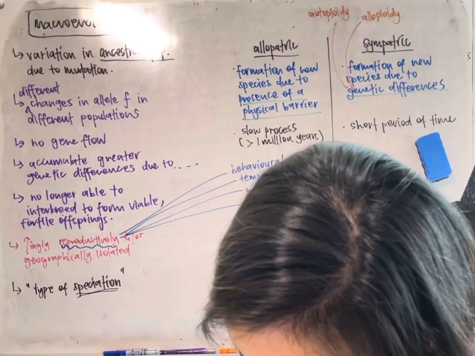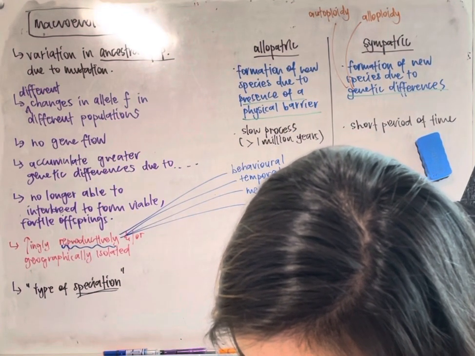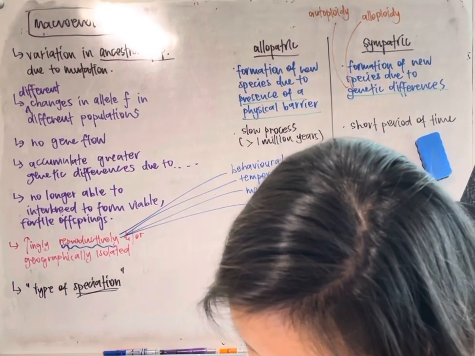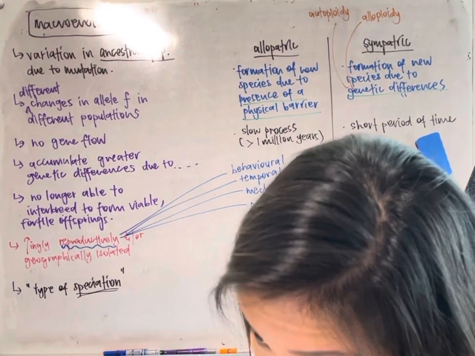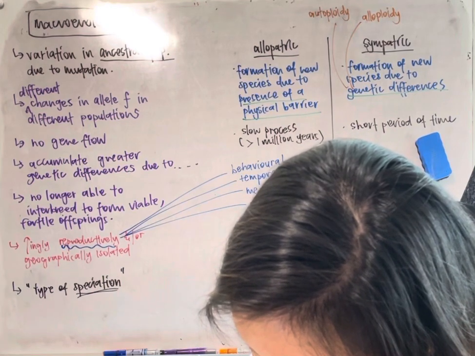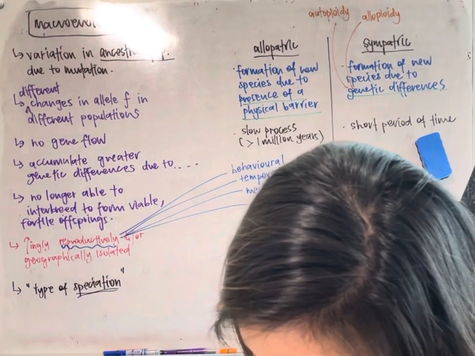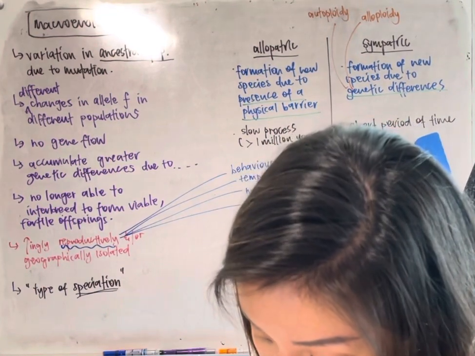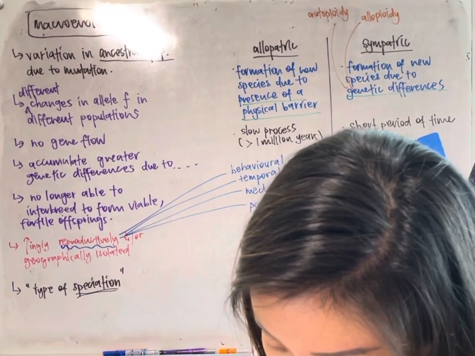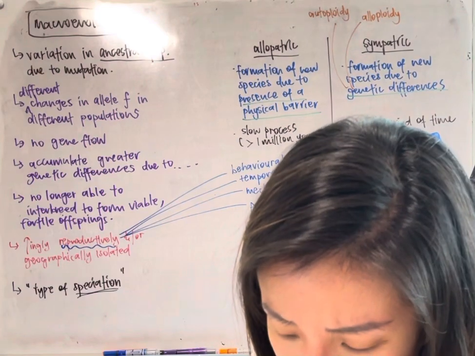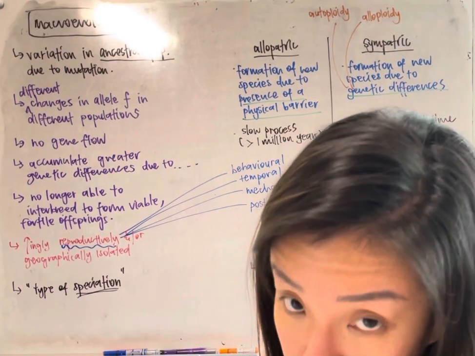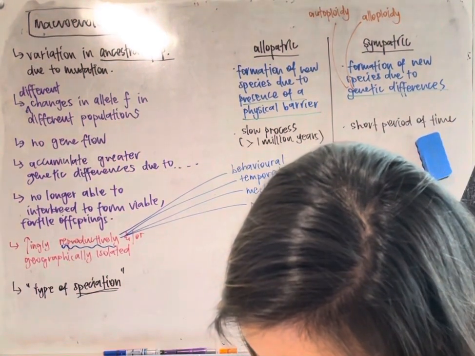So different selection pressure in a different population. The idea is those with more favorable traits will be selected for and able to survive, pass on to the next generation. Fine. The idea, you must tell me, results in change in allele frequency in different populations. Different changes, not just changes. Different population and different type changes.